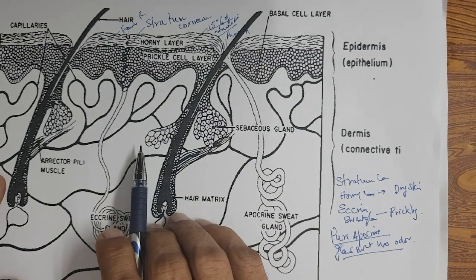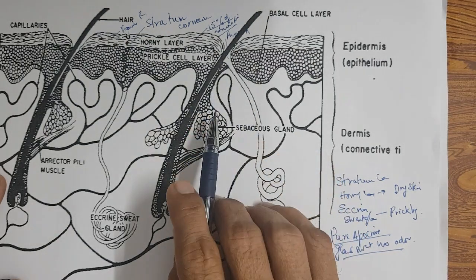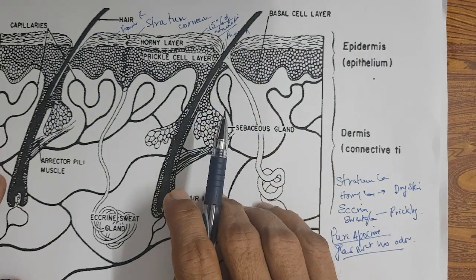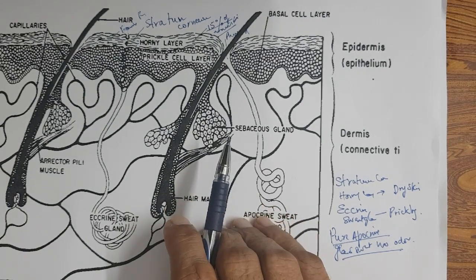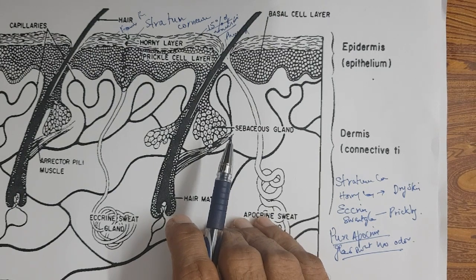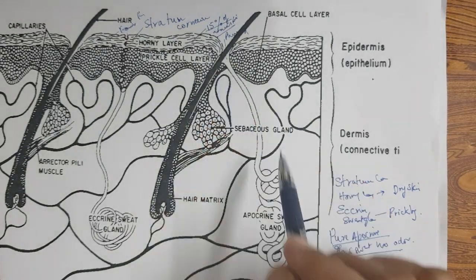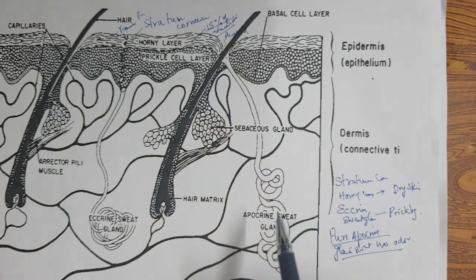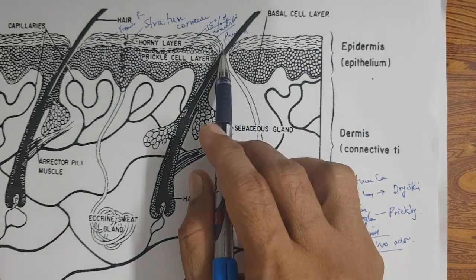So the specific body odor and the composition of the apocrine sweat depend upon a lot of factors: your diet, your ethnicity, all those things contribute to body odor. Body odor is caused by the apocrine sweat.